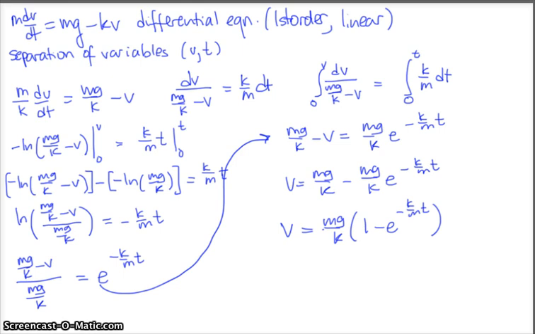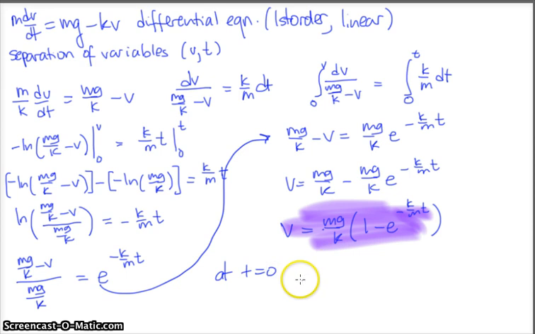And that is the velocity as a function of time for the object falling under the influence of gravity downward and a velocity-dependent force backward. If I plug in t equals 0, then v equals mg over k times 1 minus e to the negative 0, which is 1 minus 1, which is 0, which we know.